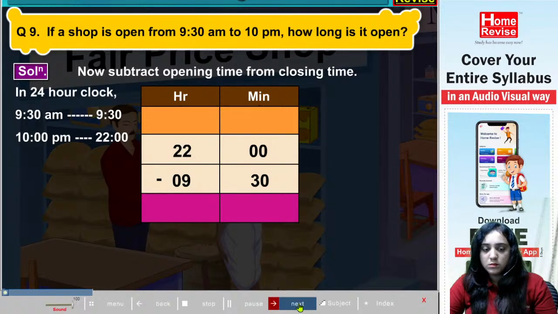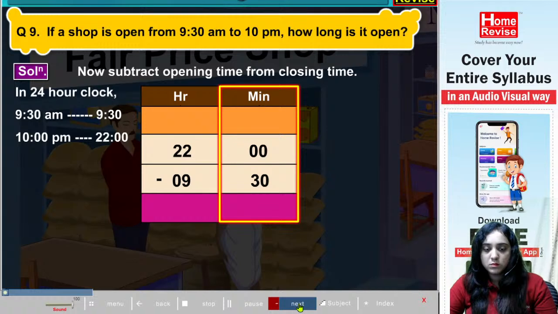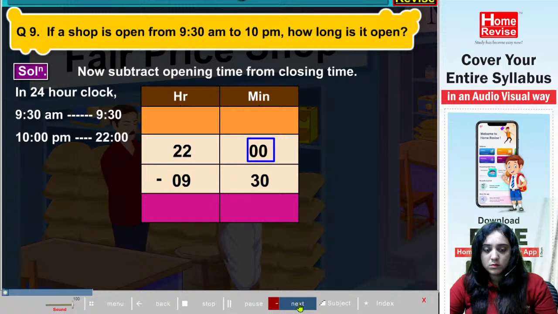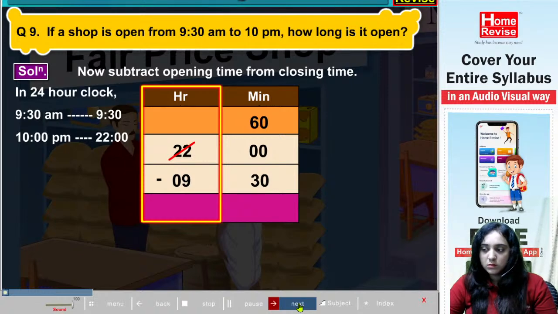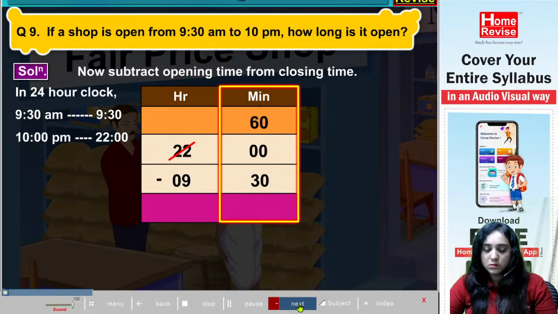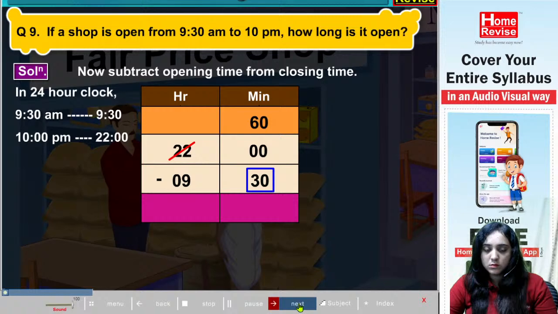Now subtracting 9:30 from 22. We look in the minutes column, where we have to subtract 30 from 0 minutes, which is not possible. So we borrow 1 hour from the hours column where we have 22. So now we can subtract 30 minutes from 1 hour in the minutes column. 1 hour is nothing but 60 minutes.